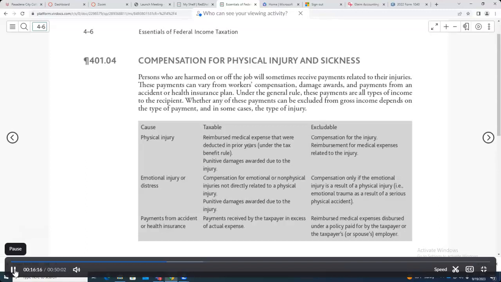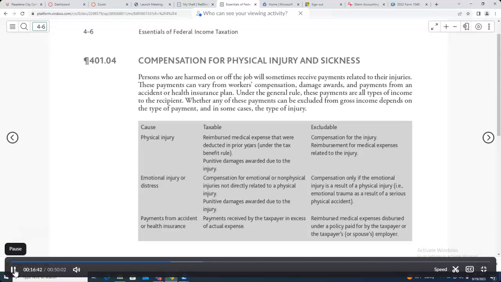That means, let's say you have medical expenses in year 2021, you put them in itemized deductions and you use them for getting benefits out of that. And then next year, you got insurance or you sued someone to get reimbursement for the injury that was related to those medical expenses that you paid the prior year, like a settlement.